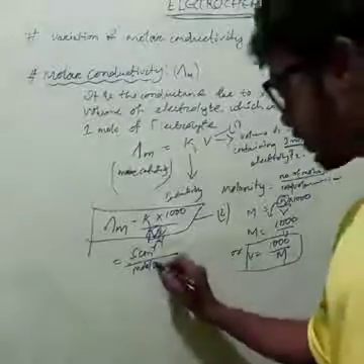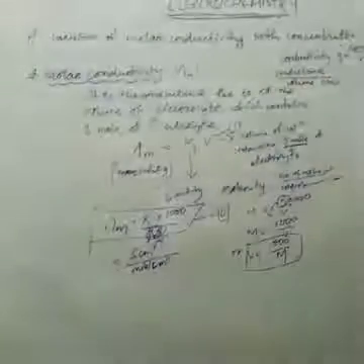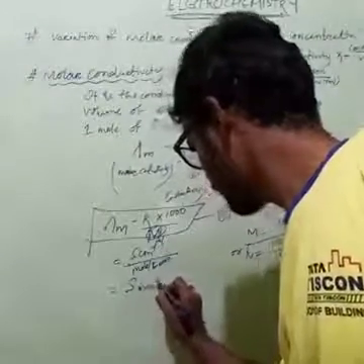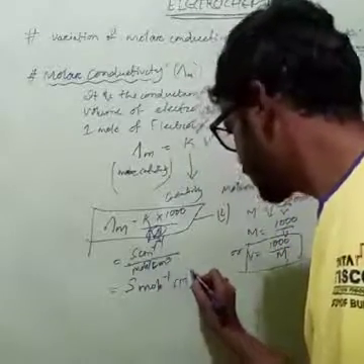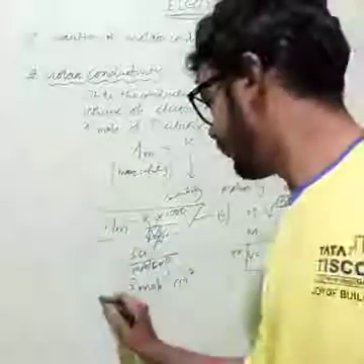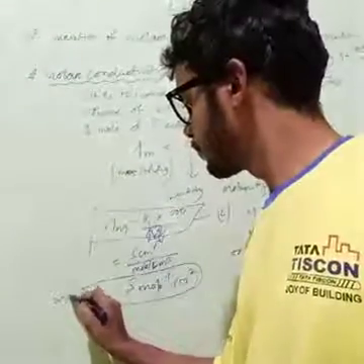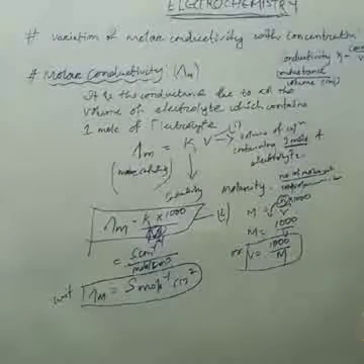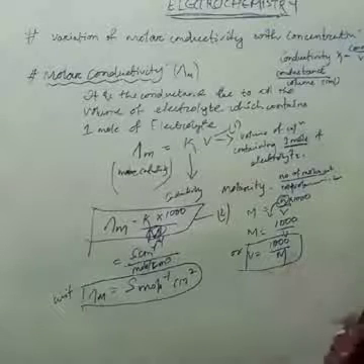Per liter means you can write cm^-3. So the unit will be S cm^2 mol^-1. Okay, note it.